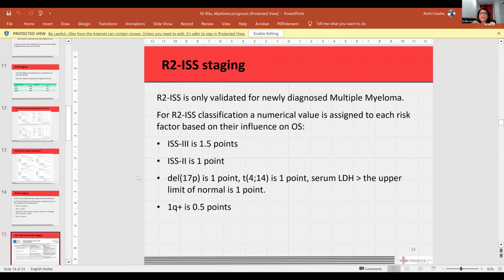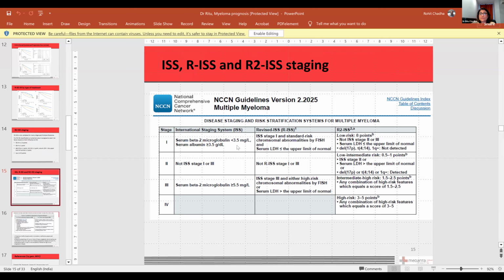For this system, a person just needs to use a myeloma calculator, which is available online. It is called MDCalc, and there are various other AI-based tools also. You just feed in the values of the four markers, and the point system is used for the R2 ISS.